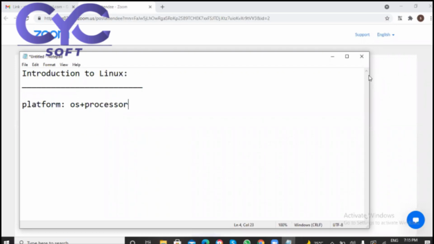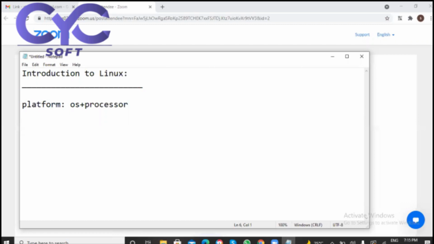Then it is open source, and antivirus is not required frequently, unlike Windows. Because of this, most of the time people go for the operating system called Linux.